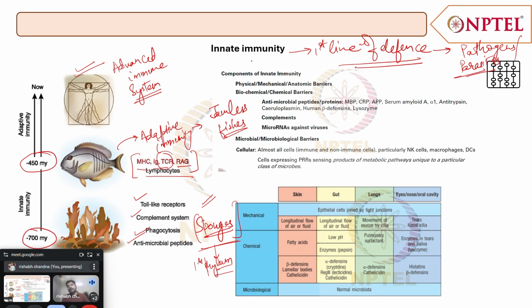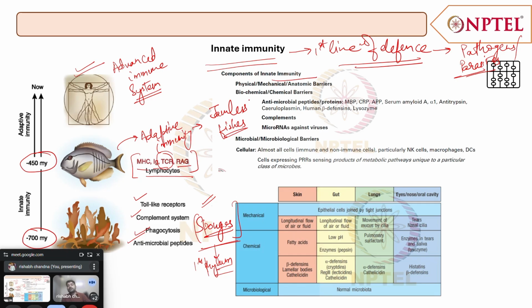So the innate immunity actually helps to barricade all these things and try to protect the body from pathogens, allergens, and many other things. So there are certain components of the innate immunity.